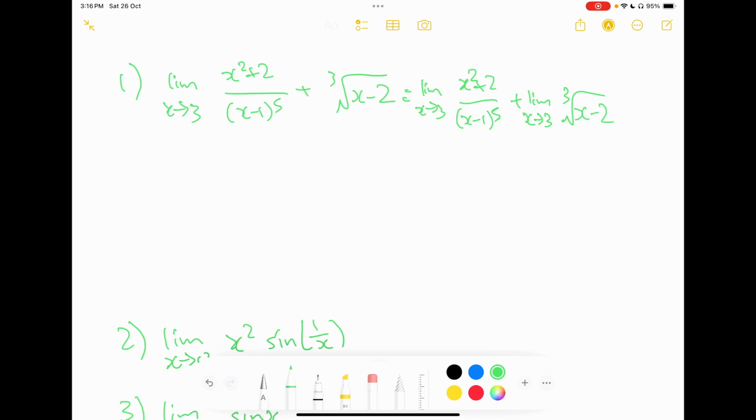Okay, and then now we can see that for the first limit, it's a fraction. So we can kind of bring the limit into the fraction. This is the quotient rule. And then we can use the root rule for the next one to bring the limit inside the root.